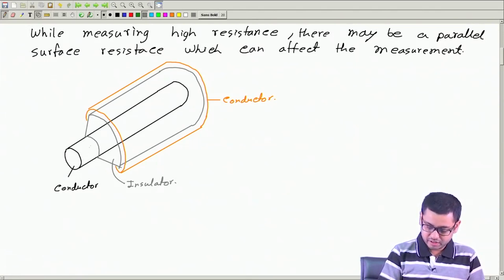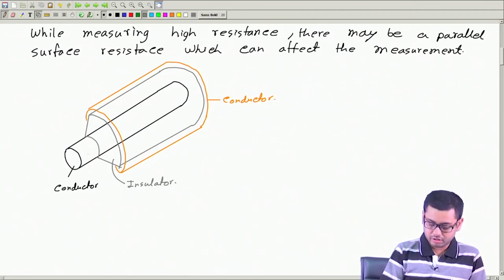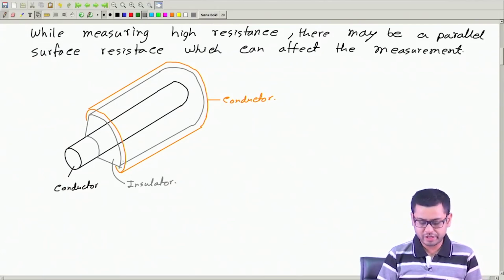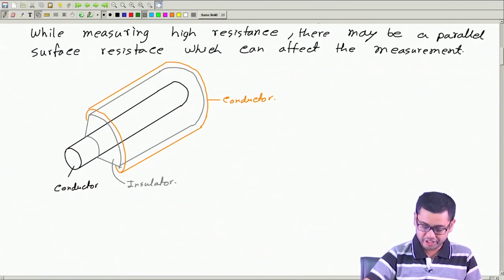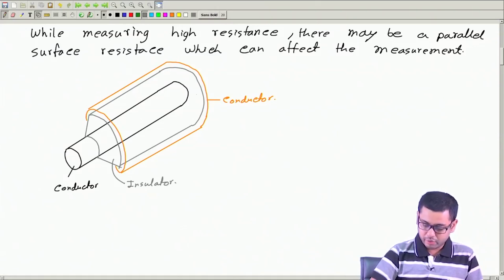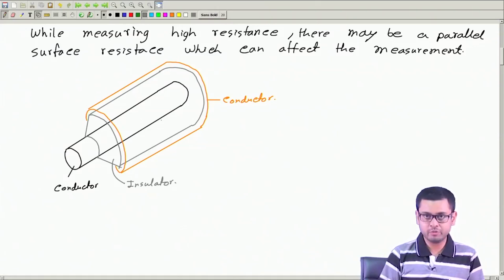So, maybe it is possible that this inner core acts like the live phase, or say the positive terminal of a power supply, and the outer one is the ground terminal or the neutral phase. So, this way we can have a long, very long power carrying coaxial cable.